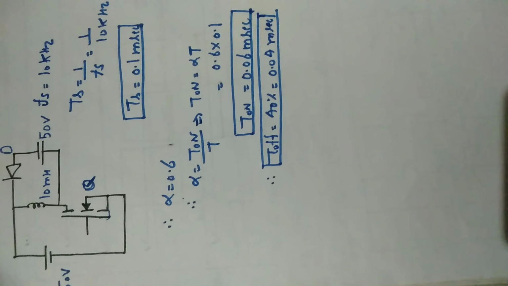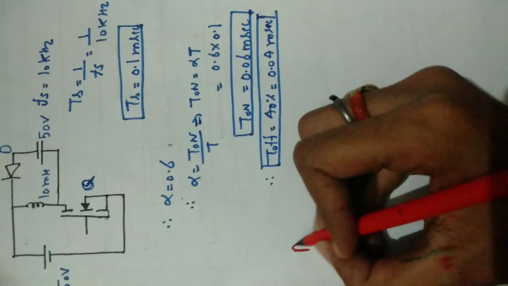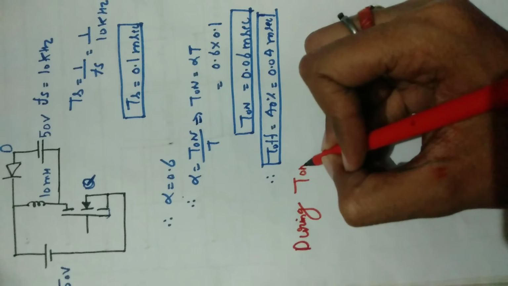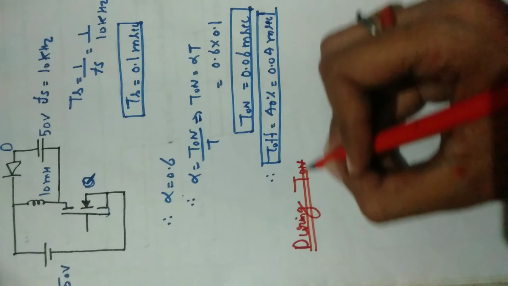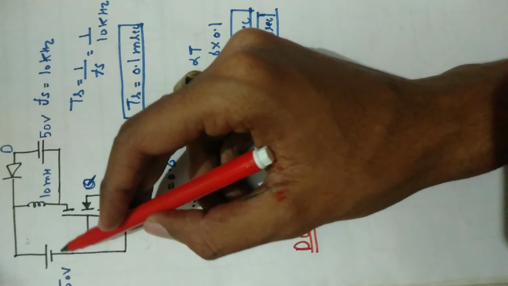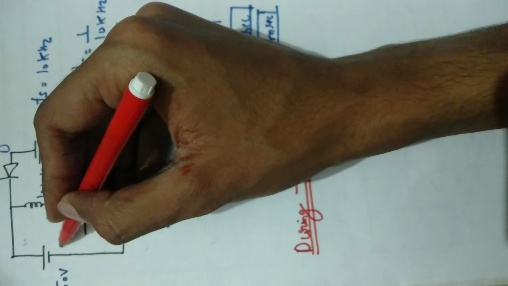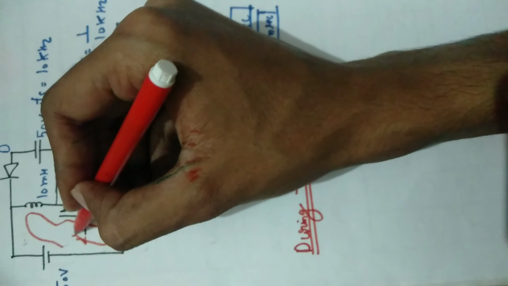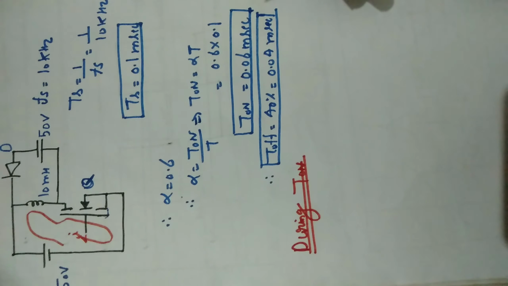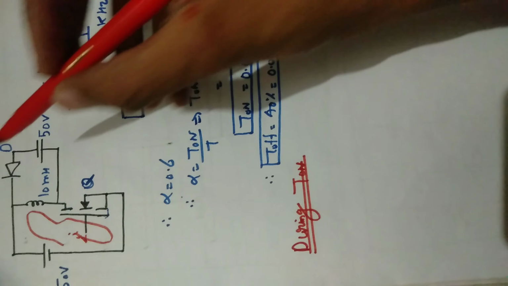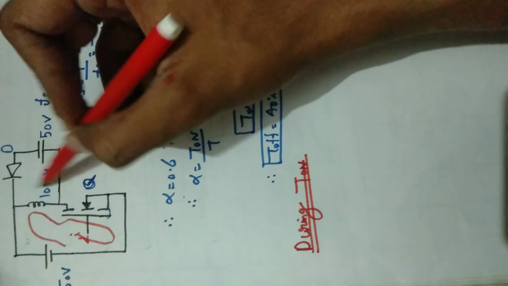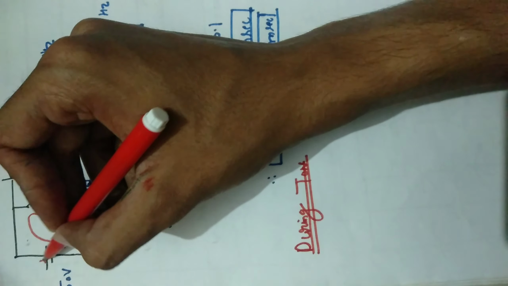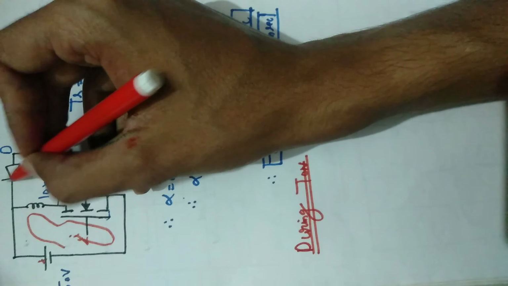Now, during the T on period, what will happen? During the T on period, the current flows in this manner. Current doesn't flow through the diode branch because the positive terminal is directly connected to the negative terminal of the diode.